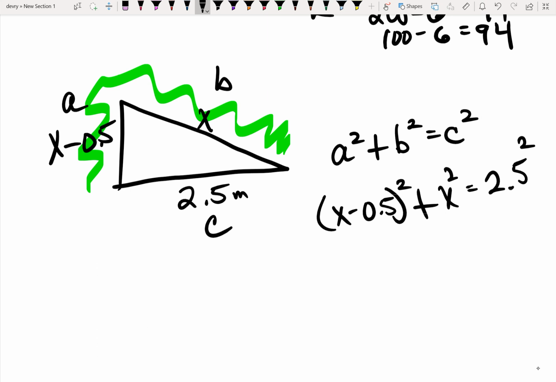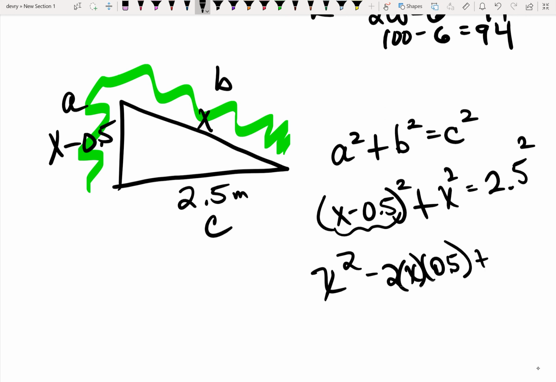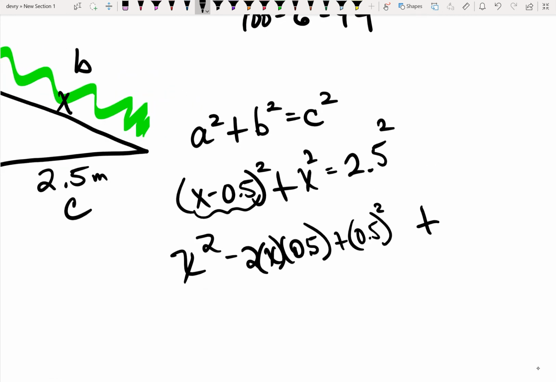Alright, so I end up with, after using FOIL on this, because remember that's x minus 0.5 times itself, x squared minus 2 times x times 0.5 plus the 0.5 squared, and all of this plus this x squared is equal to 6.25.